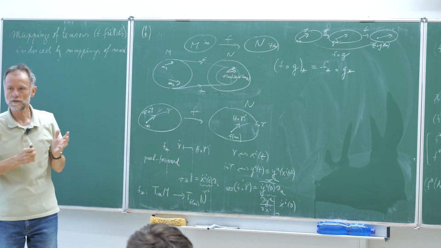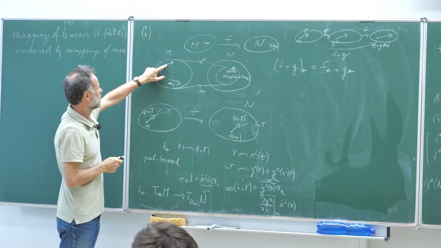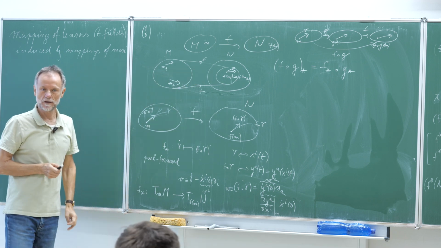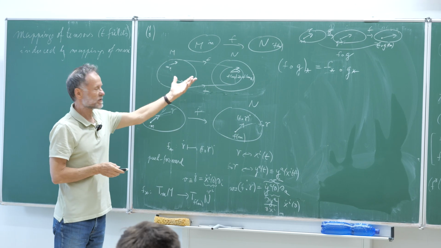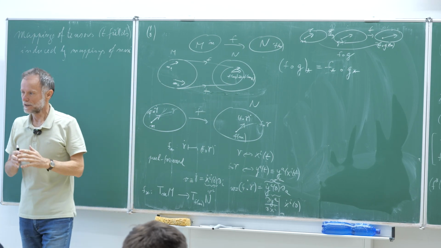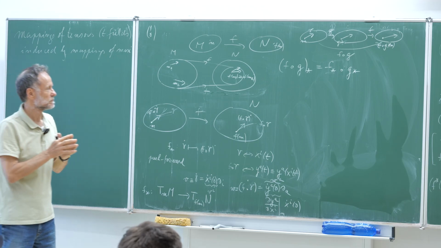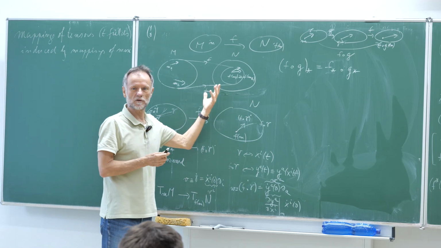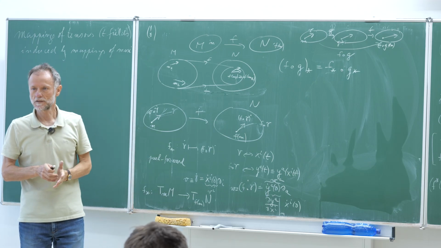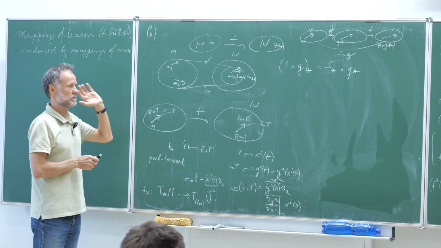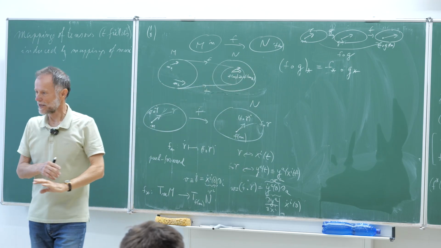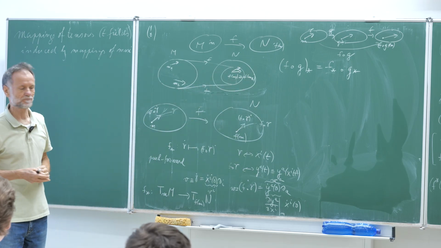There is no guarantee that the push forward of this and the push forward of this give you the same image. Yes. So in general, we will have several different vectors at the same point of the image manifold, and it means that it is not a vector field, because a vector field should be just one vector in each point. Yes. So this is much more serious than not having vectors here, that we even have no vector field in this case.